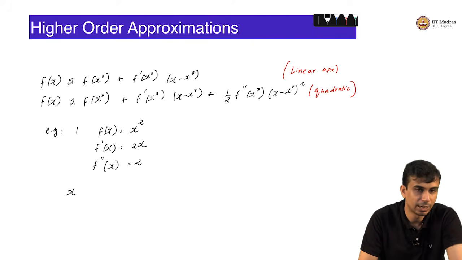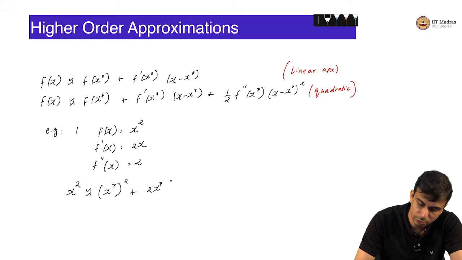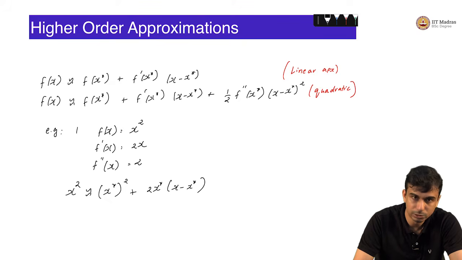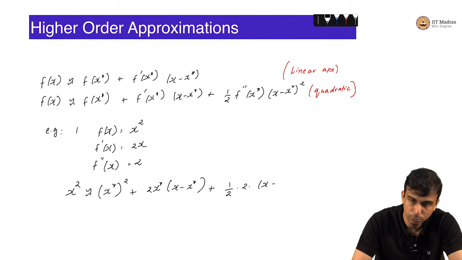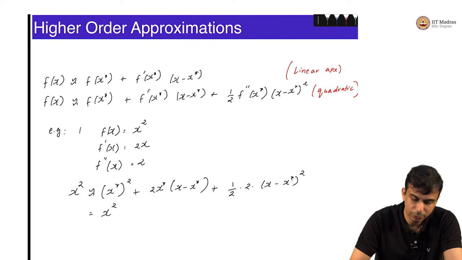Let us pick any x star, it does not matter. x squared is approximately equal to x star squared plus f dash of x star, which is 2x star, into x minus x star, and then you have a quadratic term which is 1 by 2 into 2 into x minus x star the whole square, which is exactly equal to x squared.